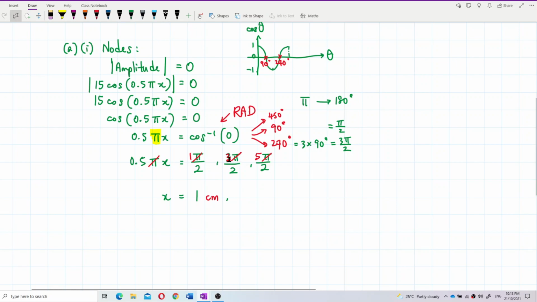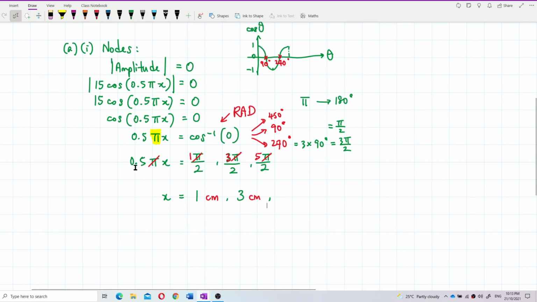And then next is this one, 3 over 2 divided by 0.5. What do you get? You get 3 cm. Yes, the unit is cm. What's the next one? 5 over 2 divided by 0.5.